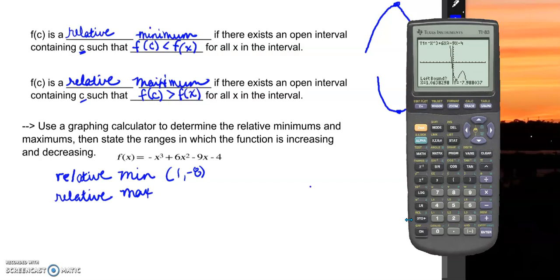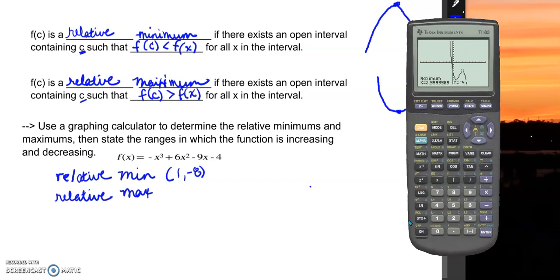Okay, so now we're looking for that high point that's over here on the right. So again, you start on the left side of it, but make sure you're in between it and the next loop down. So we're at a good place right now. I'll hit enter and then arrow to the right until I've gone past it. Enter. And now it wants you to guess. Hit enter one more time, and it's doing the calculation.